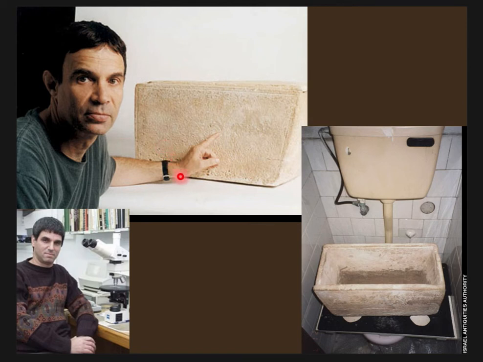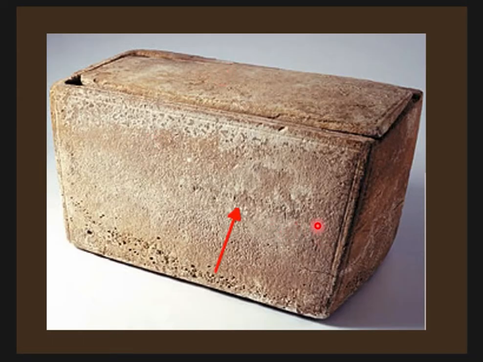People were very skeptical, including a geoscientist from Israel, I think from Tel Aviv University. And so what he decided to do is to examine the patina on the box. You could faintly see the inscription here. The patina on a limestone box, and you probably have seen the patina on some of your limestone headstones, is formed from water dissolving minerals, and the water evaporating, leaving this kind of coating of minerals on the outside of the limestone.